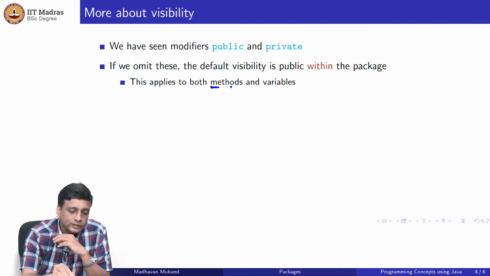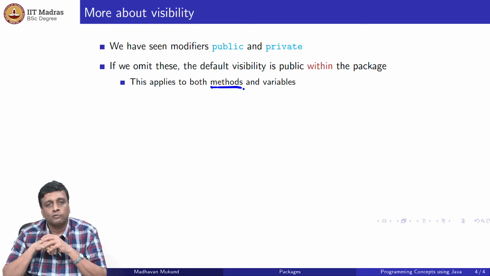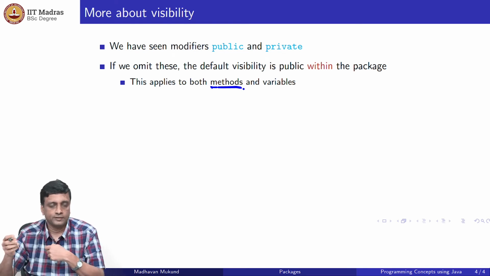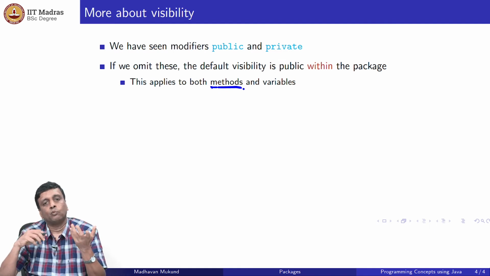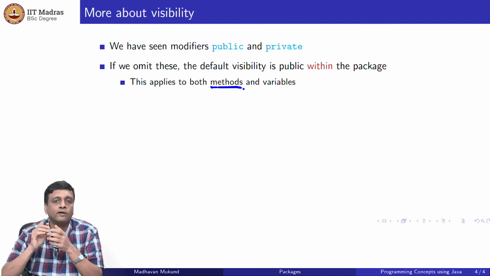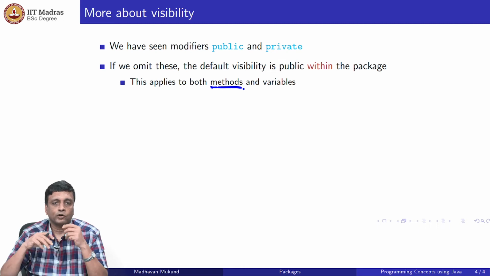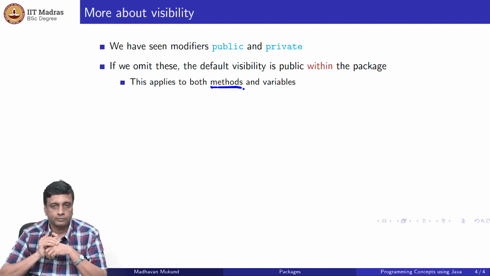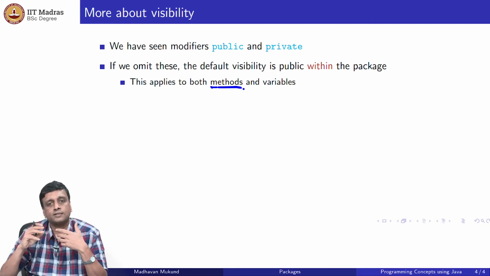Now, one could argue that this is natural with methods because you do want to use methods as a way of accessing variables rather than the variables themselves, but unfortunately Java does not have a mechanism to distinguish between this. One way could have been to say that you could only leave out public and private for methods, but you are forced to put in public and private for variables. But Java has chosen this option of allowing you to omit it for both, so you can either omit it for variables or for methods or both, and wherever you omit it, it becomes public within a package.